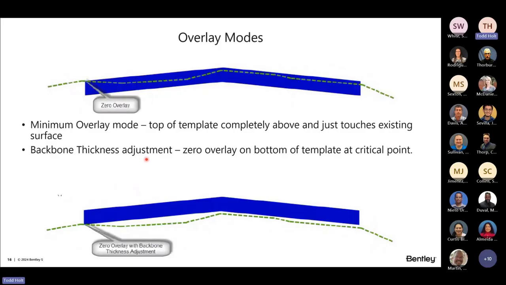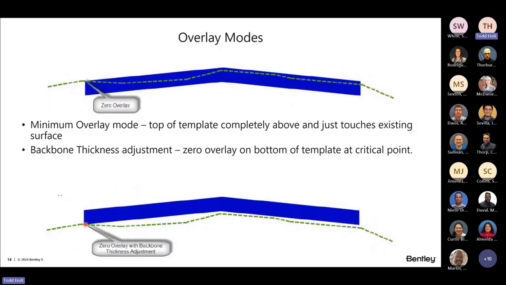So we have a backbone thickness adjustment to 0 overlay on the bottom of the template at that critical point. The elevation of that PGL, or the template, is adjusted upward by the backbone thickness of the template and effectively calculates the 0 overlay elevation on the bottom of our template.